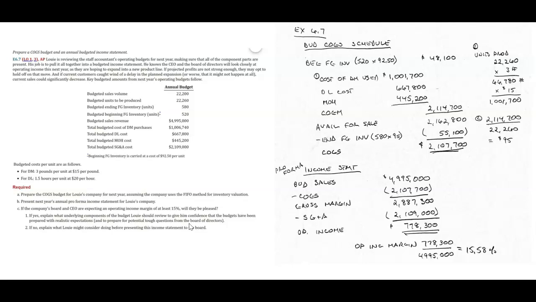That margin is based on what they sell, so we want operating income to be equal to or greater than 15% of total sales. If I take my $778,300 and divide it by total sales, I get 15.58%, and the board would be pleased.